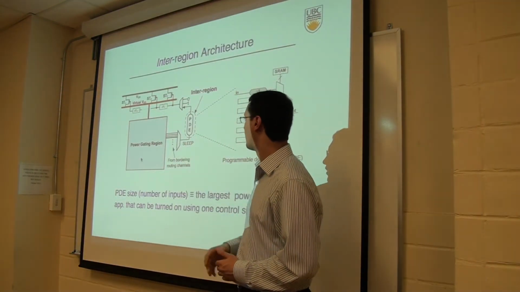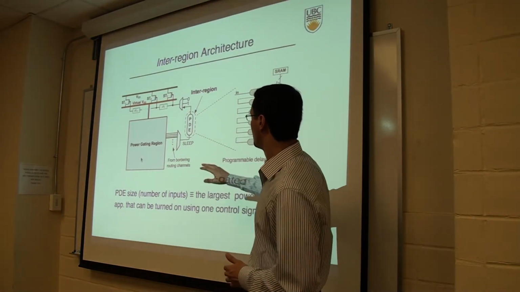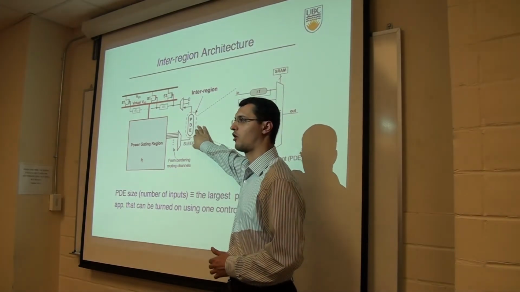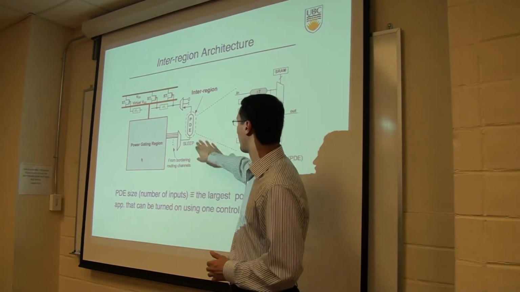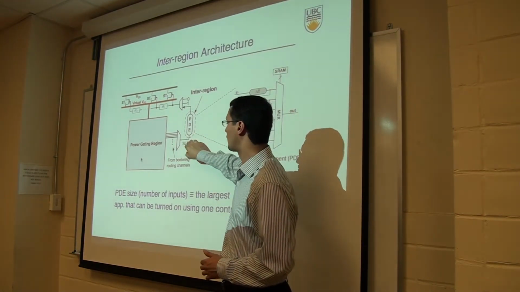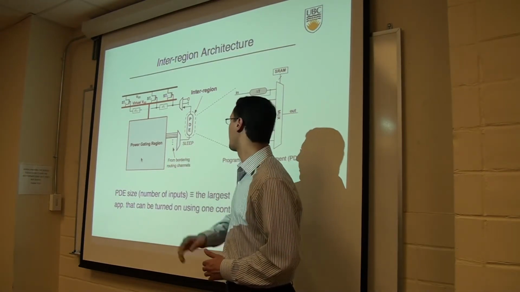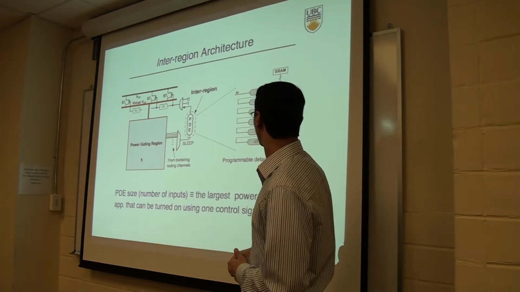So this is the power-gating region I showed you before, and everything is the same as before, except for the addition of this programmable delay element here. If configured properly, this programmable delay element could delay the wake-up of the region as a whole. Let's zoom in on the programmable delay element.